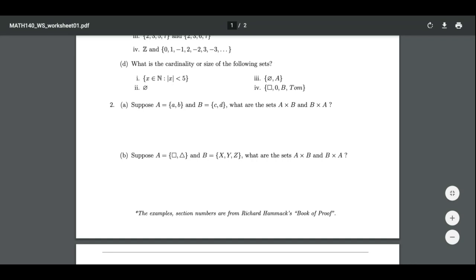So I have AC and AD. Then we use ordered pairs. We have BC, BD. Okay, let's say AC, AD, BC, BD. Okay, I'm writing.